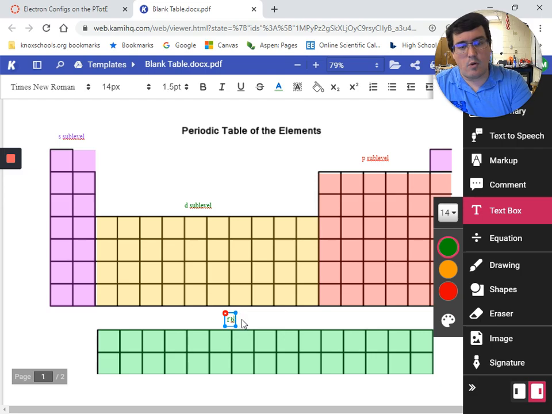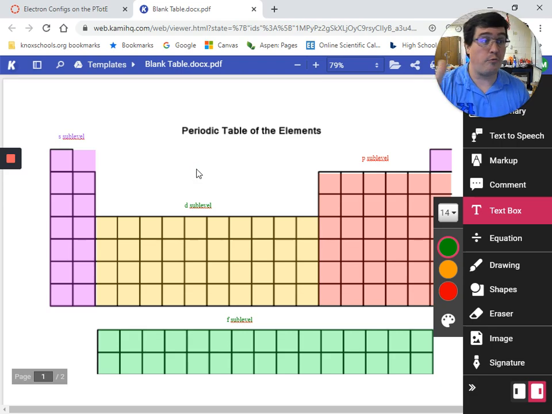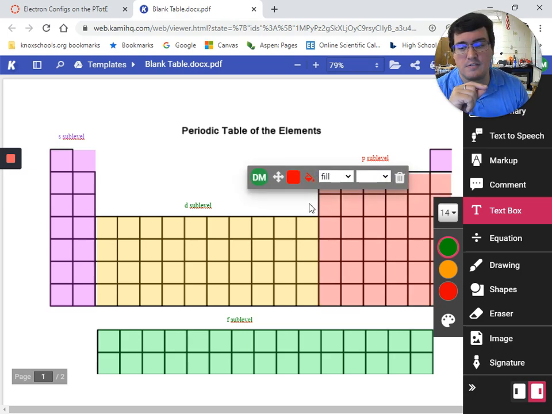All right. Now when we were doing electron configurations, we were building up. We're going to do the same thing here. We're going to build up to a certain element on the periodic table, and in so doing, we are going to create the electron configuration for that element.